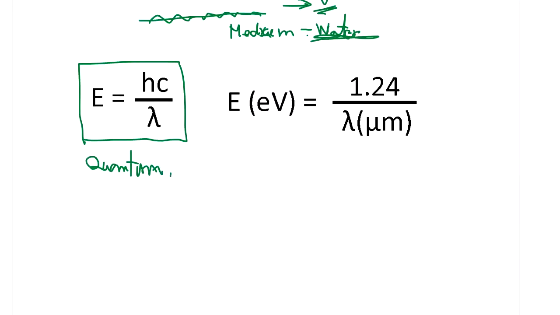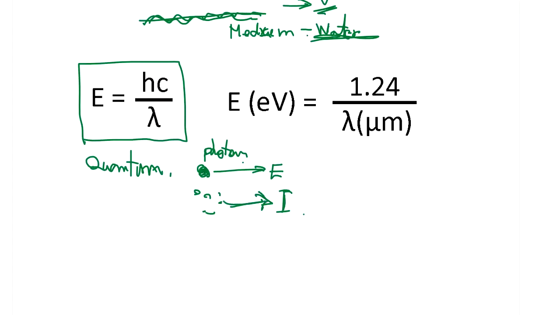So not like a water wave, we can identify a single wave, like a photon. A single wave carries energy, and if you have many photons, then it's called the intensity of the wave.